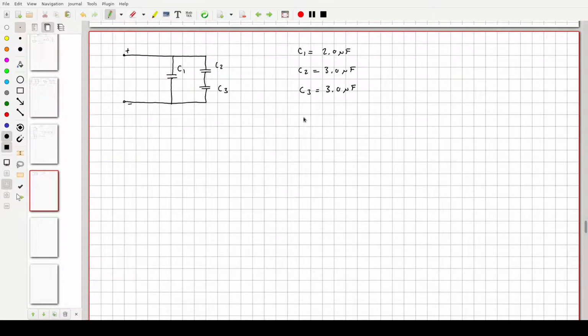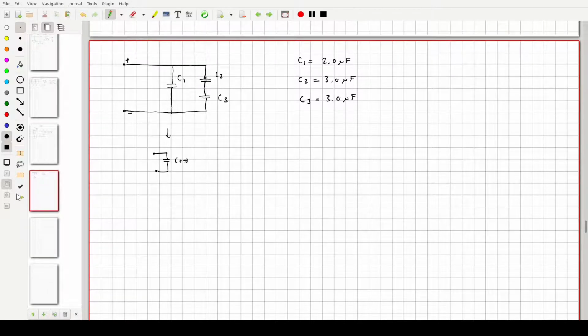Now, the way you add these things together to get an overall effective capacitance, that is, you want to make this thing look like it's just one capacitor, is to reduce them in complexity in a series of steps. For example, I can't treat this as though it's a parallel circuit because I have these two right here that are in series.